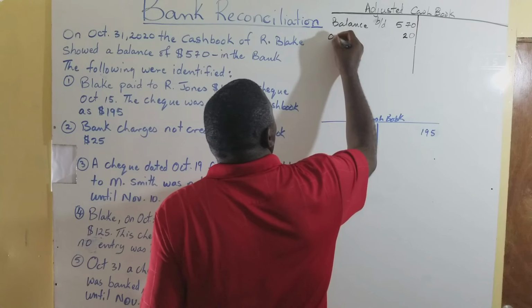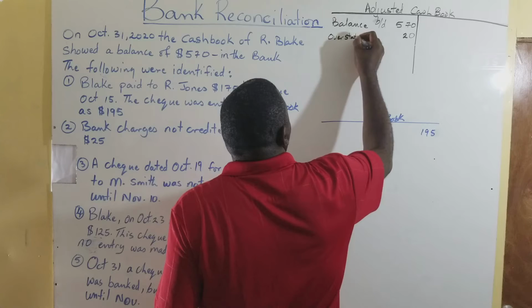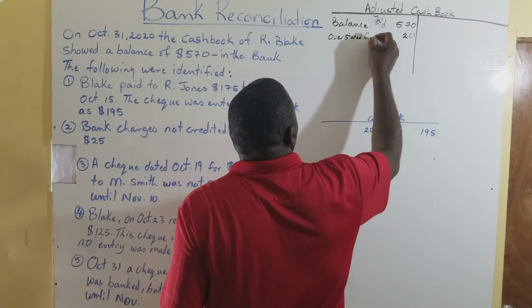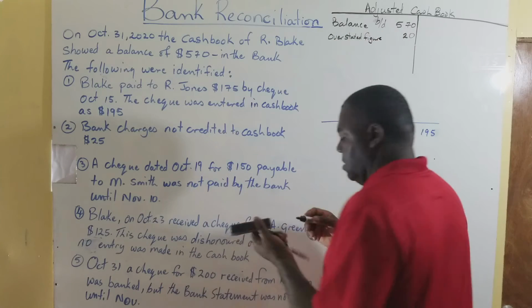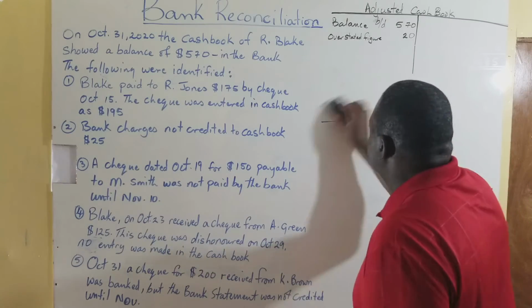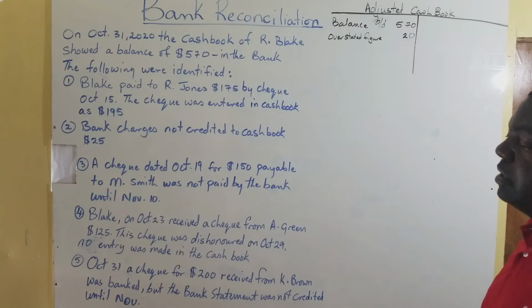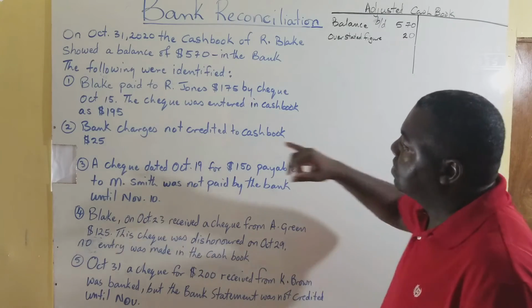So it's an overstated figure. All right. Now we can move this and go back to the question. Hope you have understood. All right. Let's go to the next one.